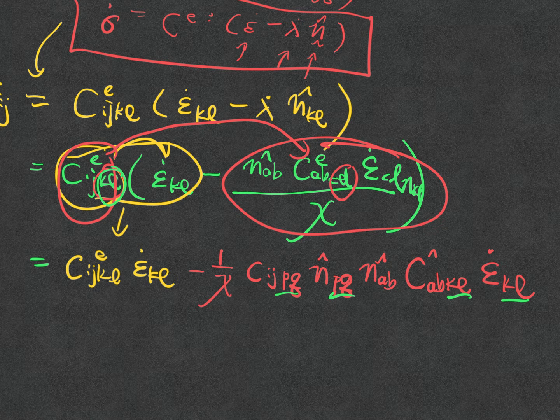So kl appears here, and kl also appears here. In Einstein notation, you cannot have an index occur more than twice in the same term. This is because in the dot product you have A dot B, but you cannot have one index simultaneously in a dot product with two things. There is an order to the operations.